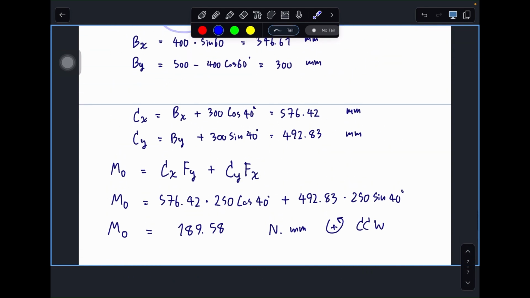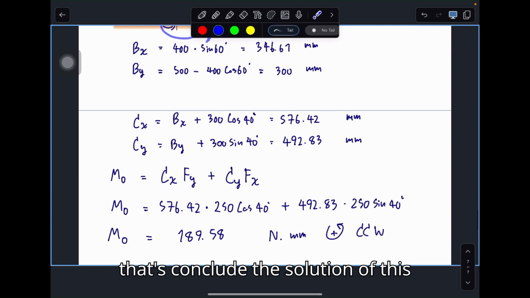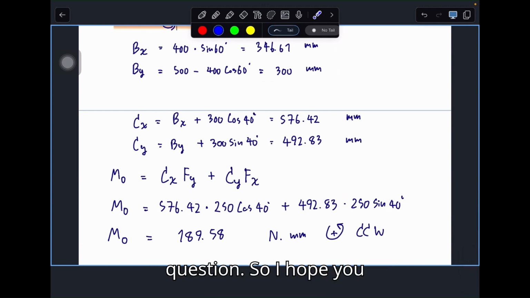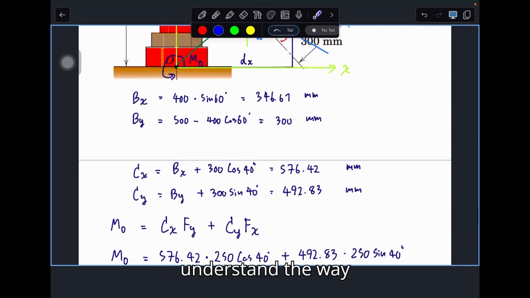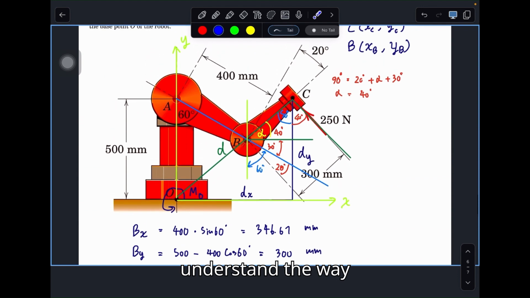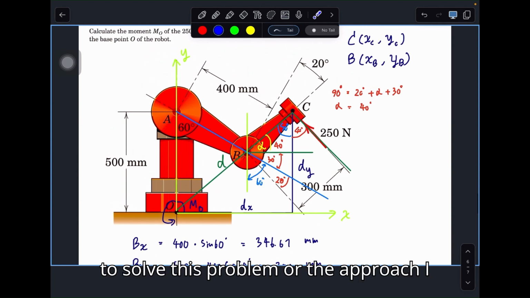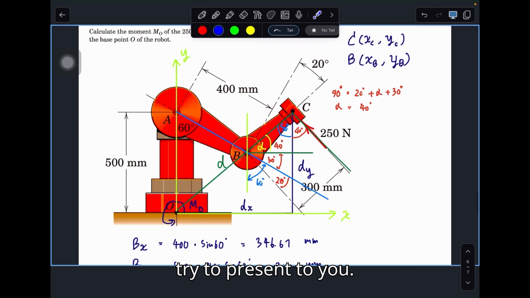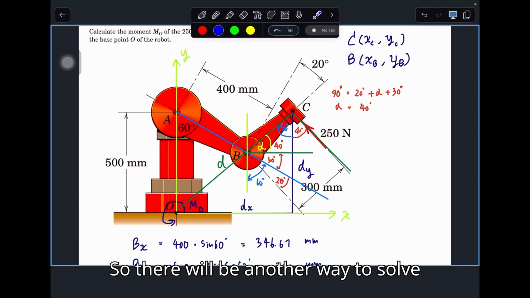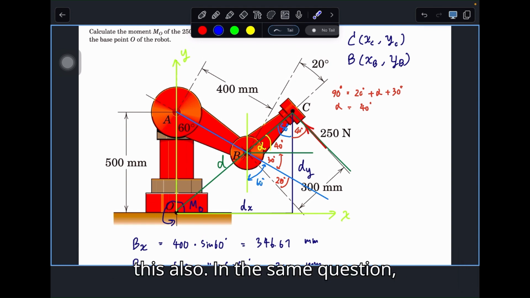Let's conclude the solution of this question. I hope you understand the way to solve this problem, or the approach I tried to present to you. There is another way to solve this also.